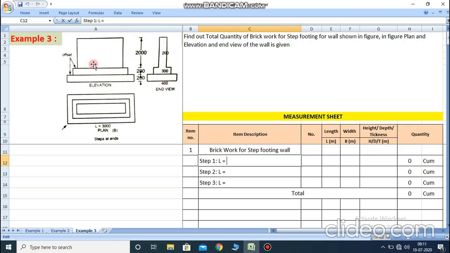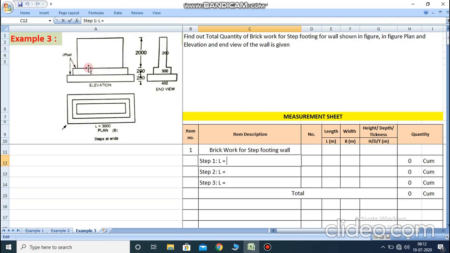Here the length is given. So how to calculate the length? First we calculate the length for the bottom step. See this cursor point. For the bottom step, we must add this offset and this offset from here, and the offset length from here.